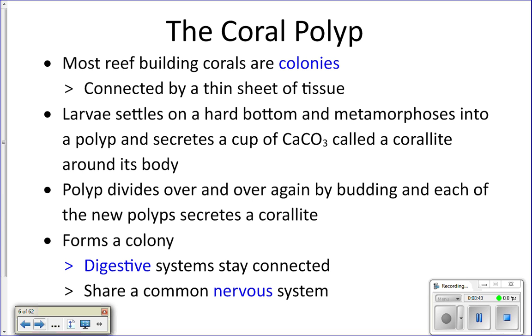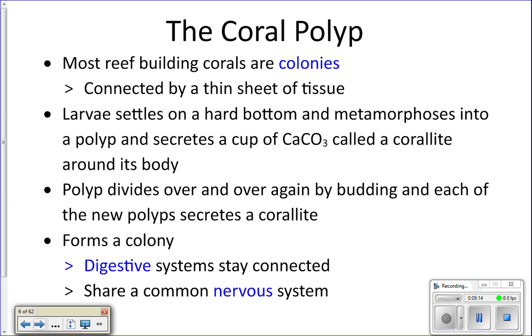So corals are colonies. They have many animals living together, and those animals stay connected by a thin sheet of tissue. So what happens is the corals will release egg and sperm into the water, and those egg and sperm will meet and become a little larva.